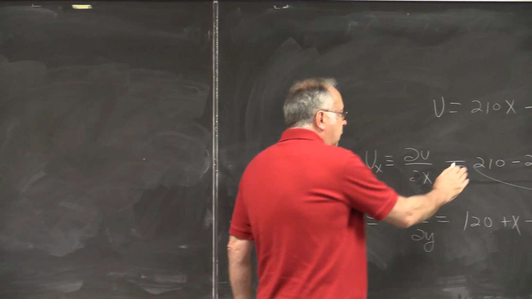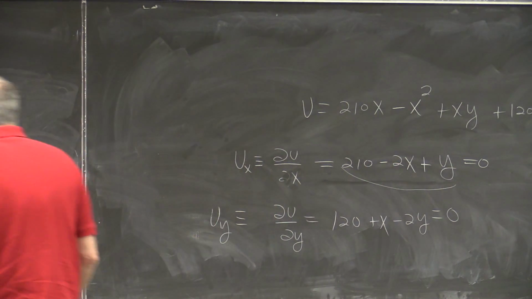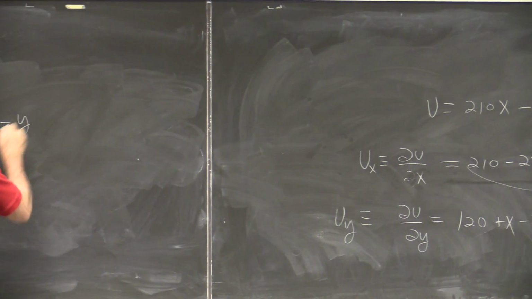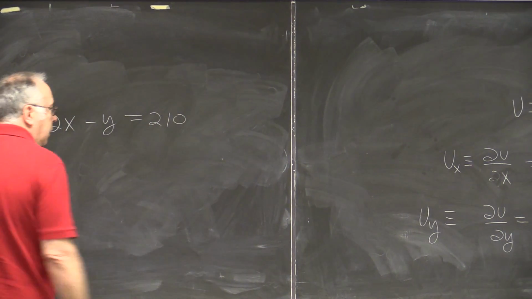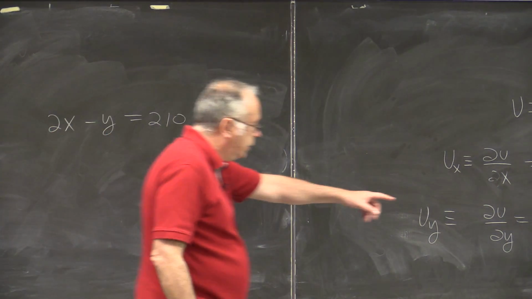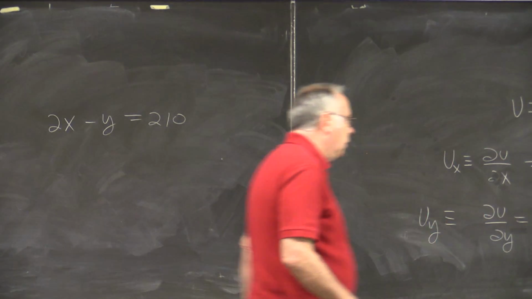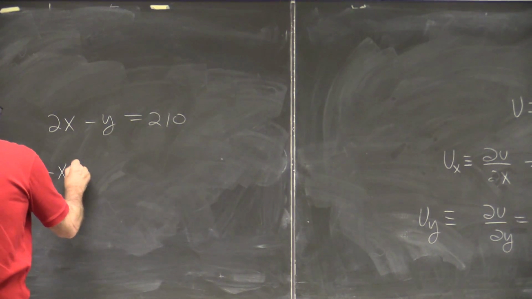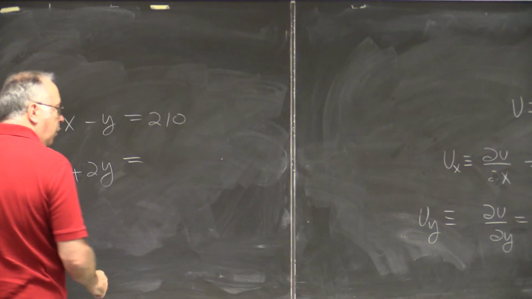Bringing terms over to the right, we have 2x minus y equals 210. Doing something similar to this equation, we get minus x plus 2y equals 120.